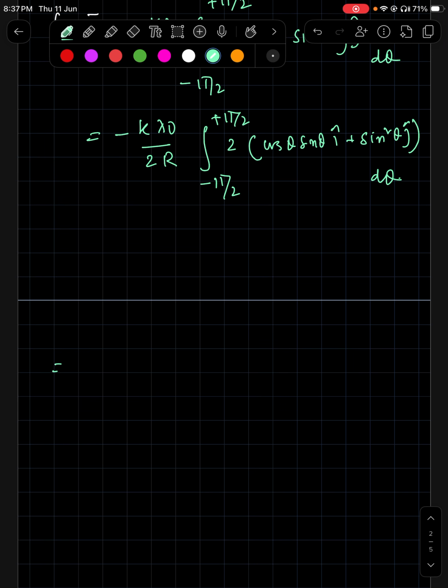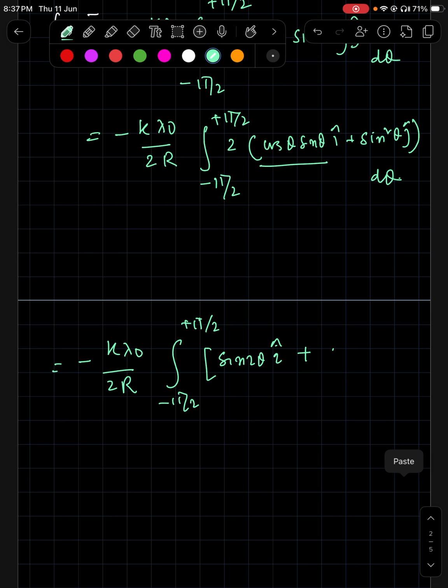Now k lambda naught by 2. The first term, 2 sin theta cos theta, is sin 2 theta, from minus pi by 2 to plus pi by 2, times i cap. And the next term becomes 2 sin square theta, d theta.